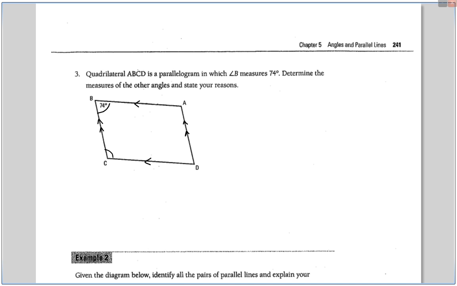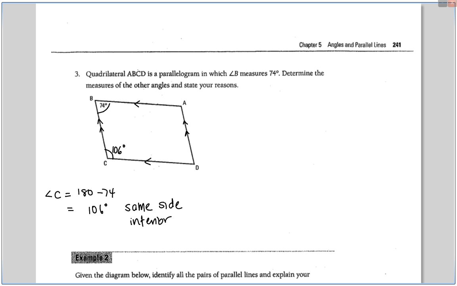So for angle C, it's 180, take away 74, which is 106 degrees. So here's 106. Because they are on the same side interior.